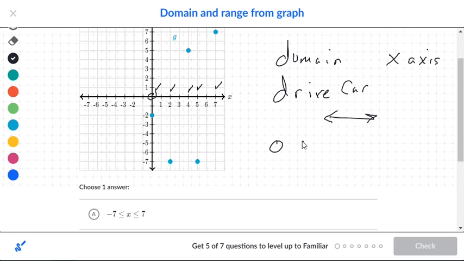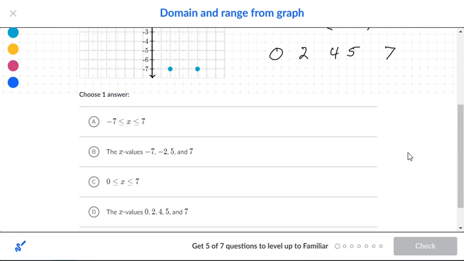We have a point in the 2 column, a point in the 4 column, a point in the 5 column, and a point in the 7 column. So our numbers would be 0, 2, 4, 5, and 7, and that would match up with D.